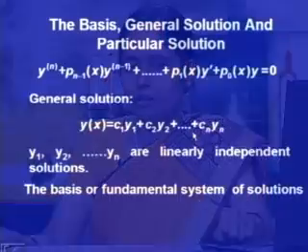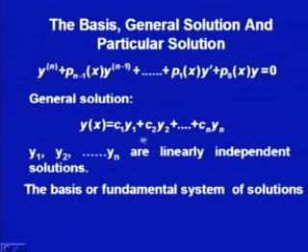The general solution of this equation consists of the linear combination of all these linearly independent solutions, where C1, C2, ..., Cn are arbitrary constants, and this general solution includes all the solutions.